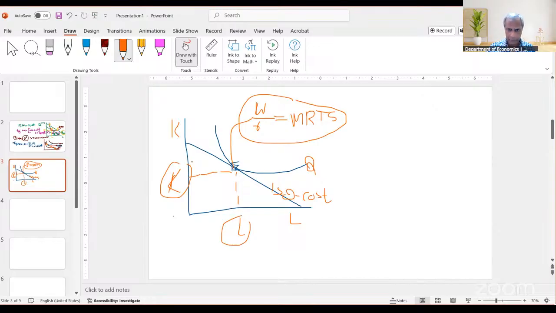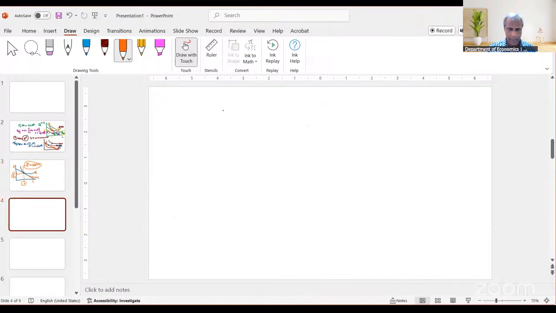Right. Now, one example, let's say, given the production function, I'll take a very simple one, Q = LK. Now, the cost, like that.